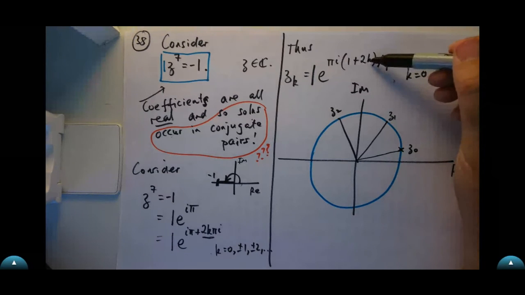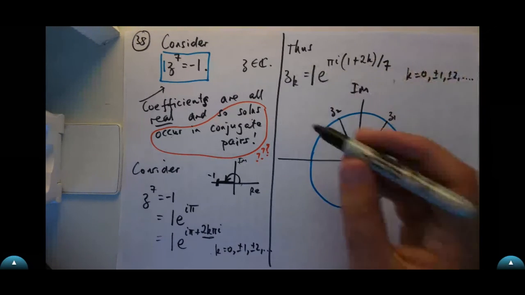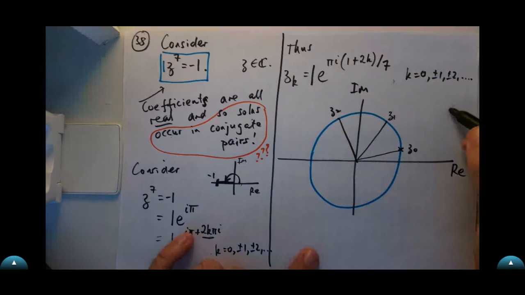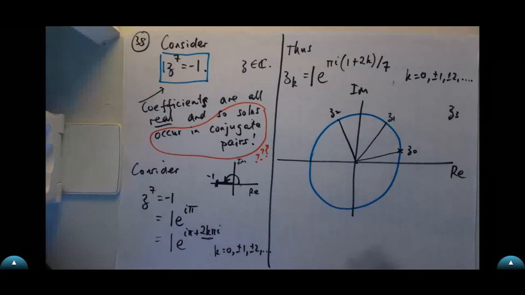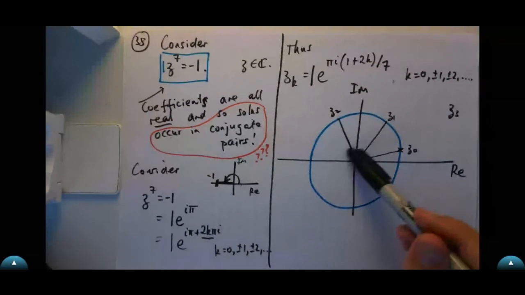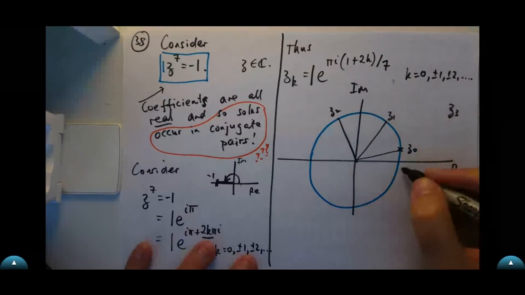So when k equals 3, what do we get? What will z3 be? Who can tell me what is the actual representation for z3? So the angle is pi, that's for sure. So what will it be?